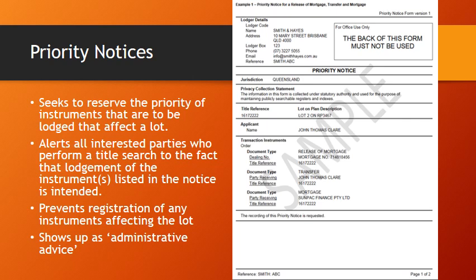The release of mortgage is a separate form, the transfer is a separate form, and the mortgage is a separate form. So what they're saying here is, I want to lodge this priority notice, and that's going to prevent registration of any other instruments affecting the lot in a similar way to a caveat. And it's going to preserve the place in the queue for those three documents, right?